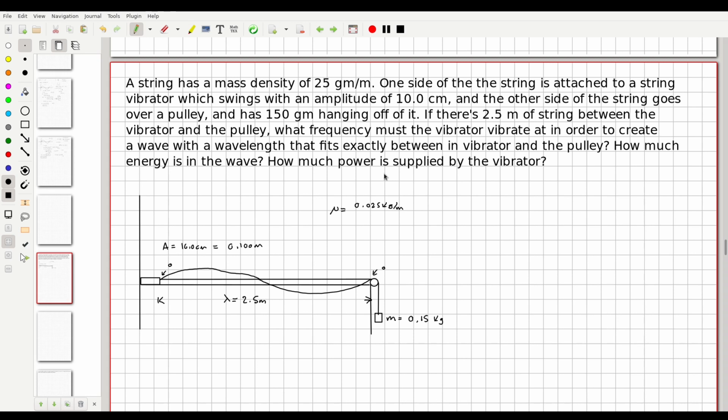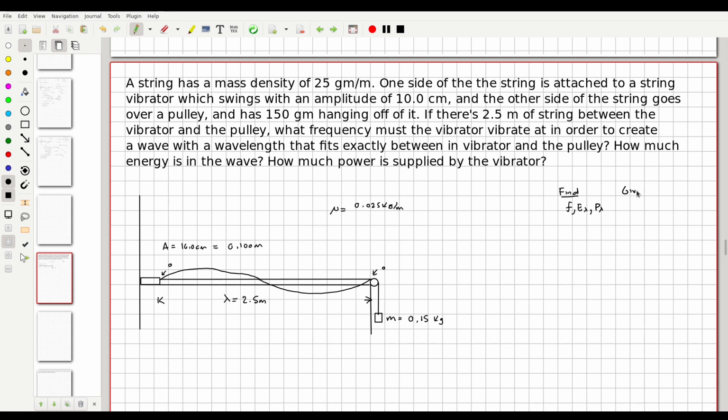What we're trying to find is the frequency required to put this one standing wave from here to here. So we're going to need to find the frequency. Once we have that frequency, I'd like to know how much energy is inside that wave, and also how much power is being supplied by that string vibrator to make that wave occur. So we want to find E, and we want to find P.